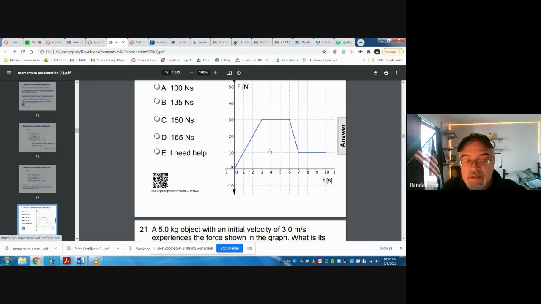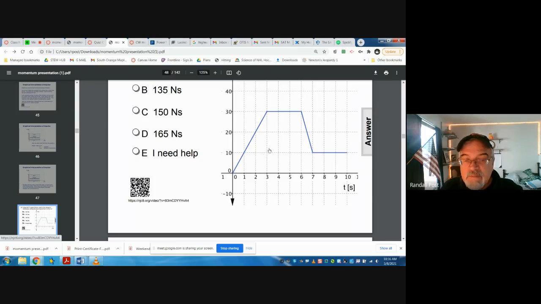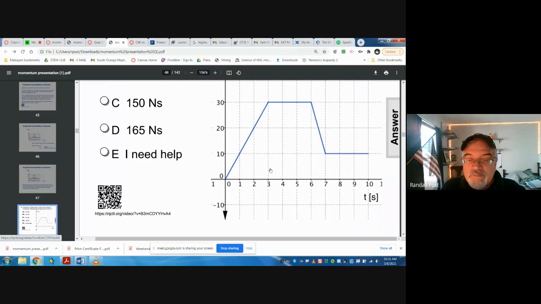So quite simply, take the first 3 seconds and make a triangle, and you can calculate the area of a triangle, right? 1/2 the base times the height. The next section is a rectangle.